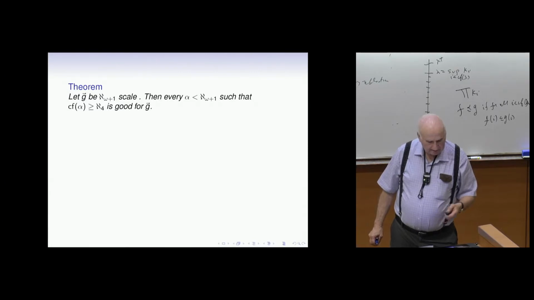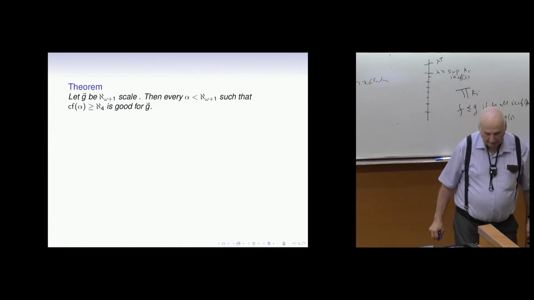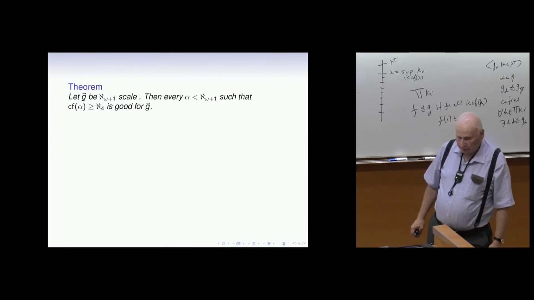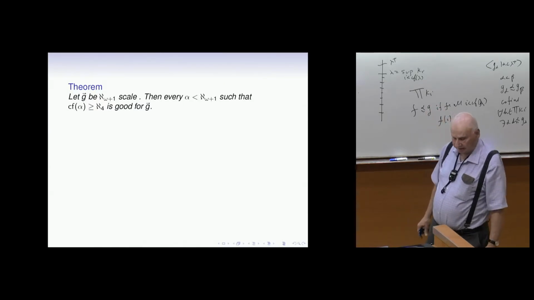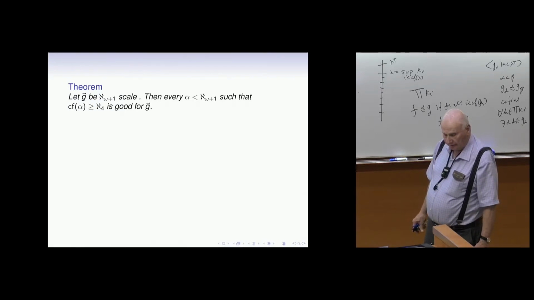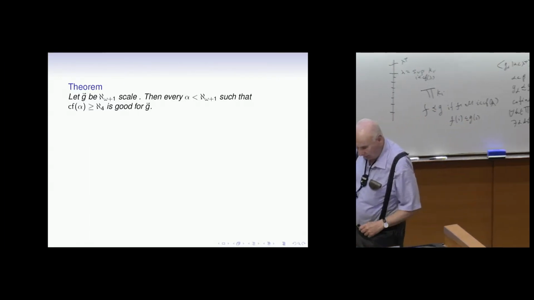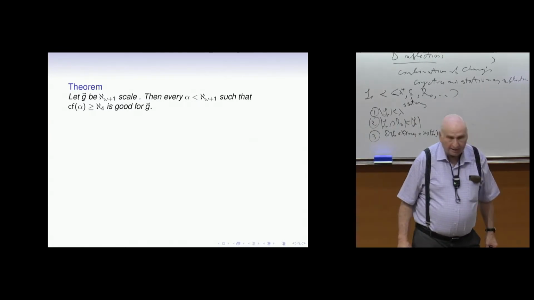Okay, so now comes the thing about Aleph Omega plus 1, which makes Aleph Omega plus 1 rather special. Suppose you have an Aleph Omega plus 1 scale. It doesn't matter what the cardinal arithmetic is. Then for every alpha with cofinality at least Aleph 4, it's automatically good.